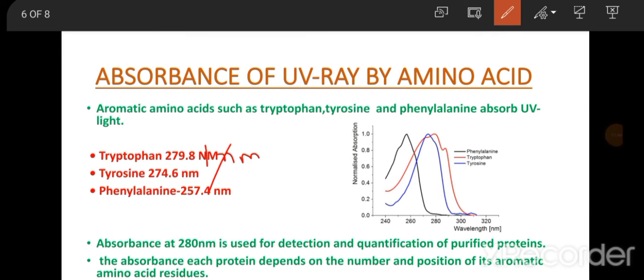Absorbance at 280 nanometer is used for detection and quantification of purified protein. The absorbance of a protein depends on the number and position of its aromatic amino acid residues.